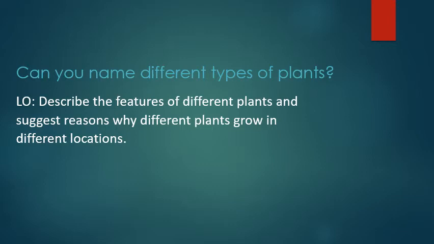Your learning objective is to describe the features of different plants and suggest reasons why different plants grow in different locations. So when we say describe different features, we're looking at the different parts of plants and why they grow in different areas.